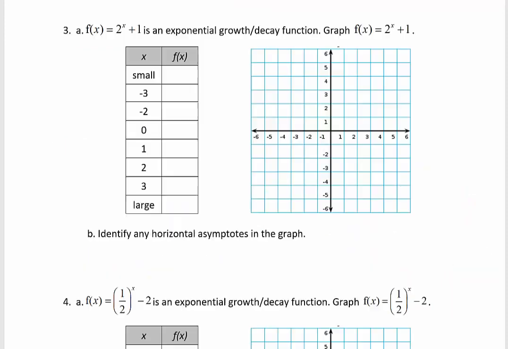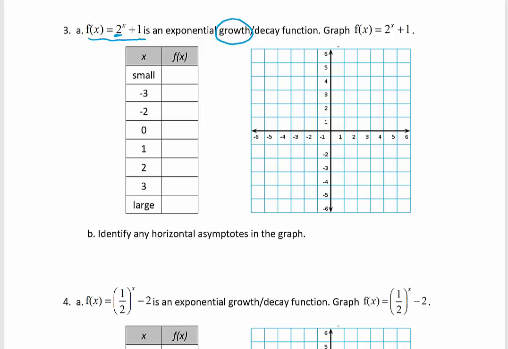Question 3. So we've got this function, f of x is equal to 2 to the x plus 1. Is it an exponential growth or decay function? Well, look at the base of our exponent here. That's a number that's larger than 1, so this is going to be a growth function. Now we want to graph this. So let's start with 0 and work our way in both directions, positive and negative.